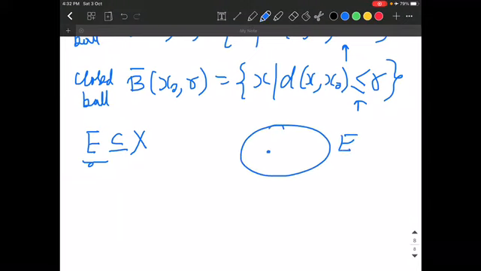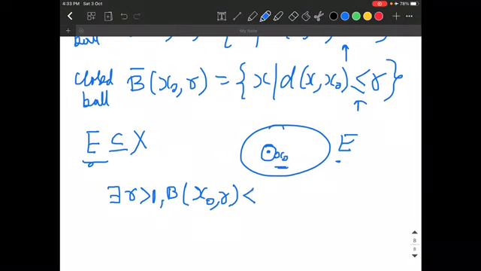Any point x naught is said to be an interior point if there exists some open ball around x naught which is entirely inside the set E. So x naught is an interior point of E if there exists some r greater than 0 such that B(x naught, r) is completely inside E.